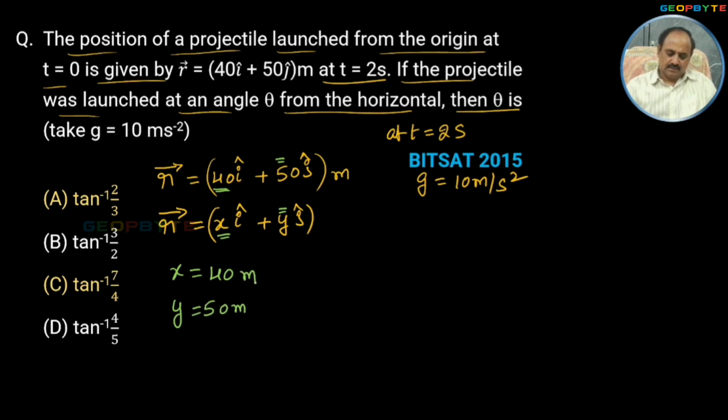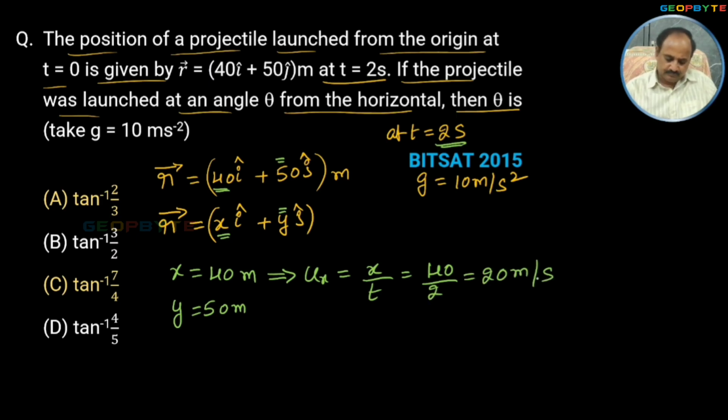Both are in meters. Then the horizontal component of velocity ux equals x by time. Here time is given as 2 seconds. x equals 40 divided by 2, equal to 20 meter per second.